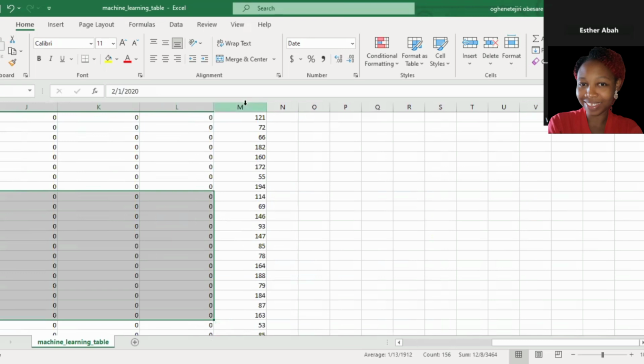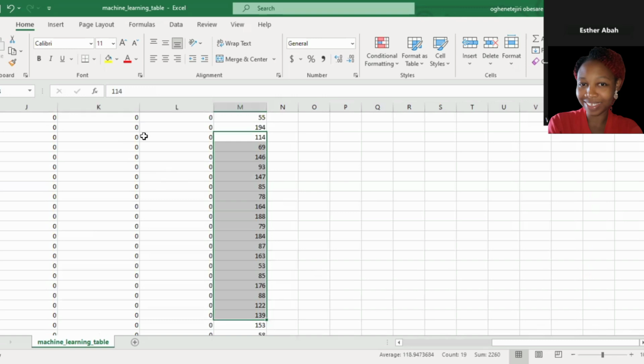That's the remaining 20% of X. Don't forget, this M column is your Y. Those columns are your X. So this highlighted part now is the 20% of X. So if we're going to be using this 20% to predict, what is remaining in our data set that we have not used is this.